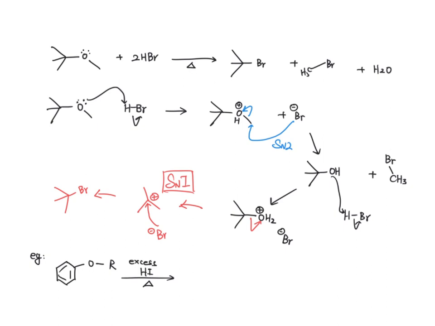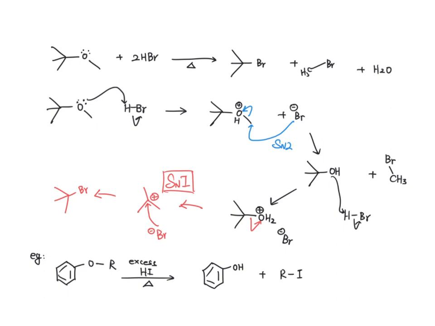And what we will have here is you will have phenol that is produced and an alkyl iodide. Why is that?